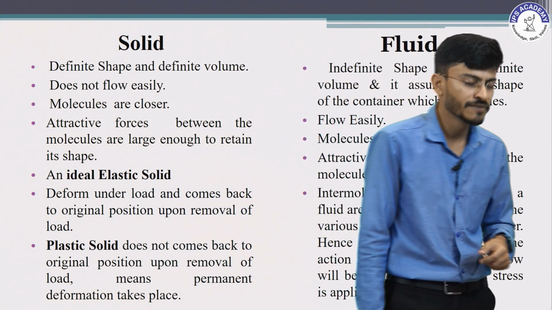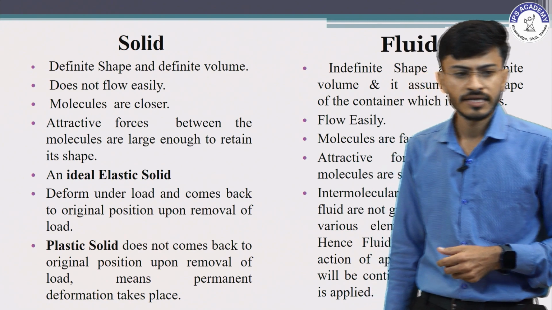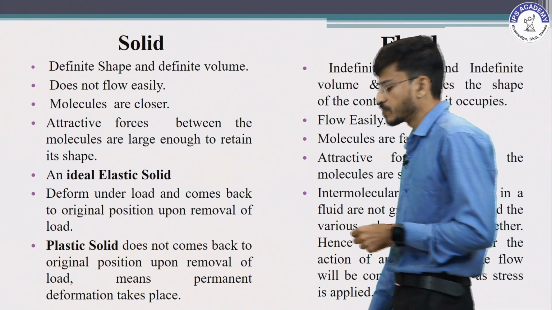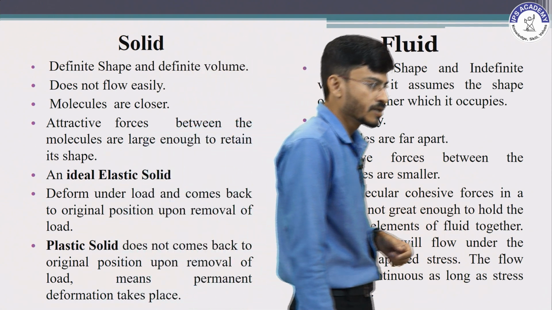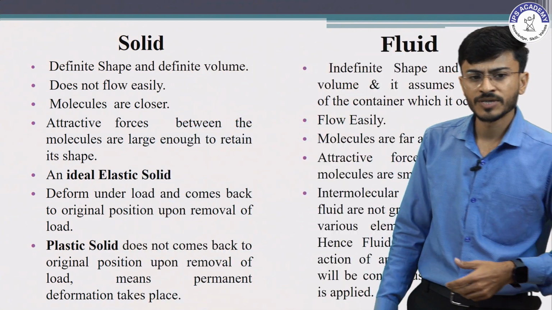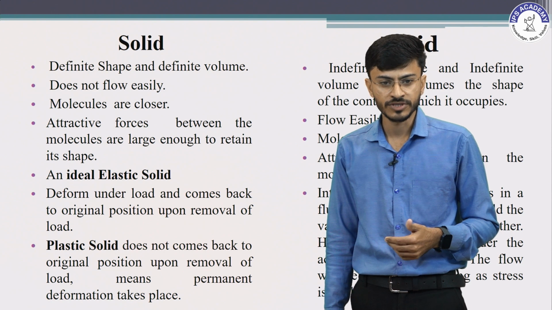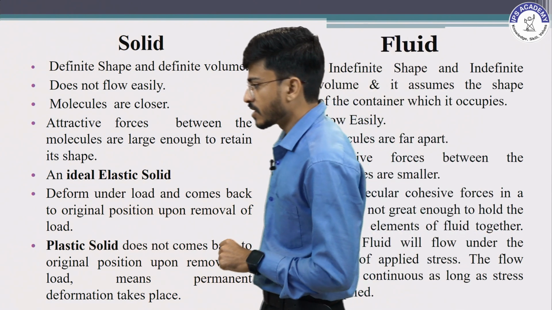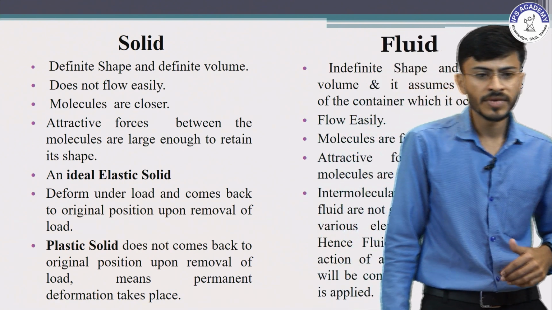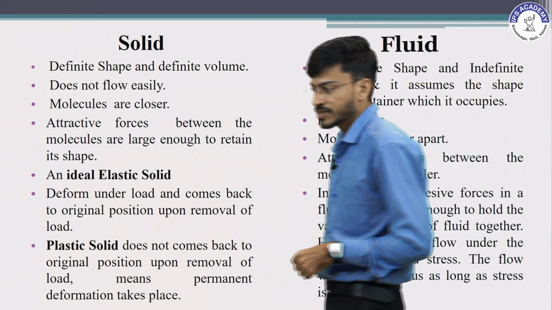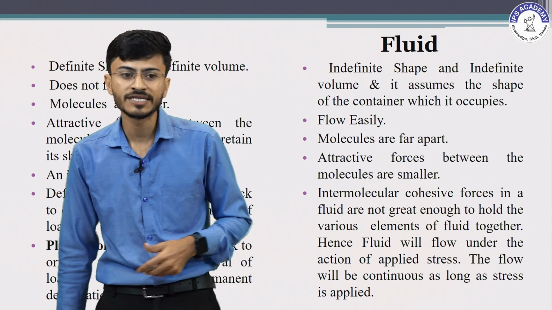If we see different materials and their properties, take the example of steel. If we apply some force on the steel, it will extend to some extent and come back to its original position. But it depends upon the force acting on it. After some limit, it will not come back to its original position and it will show plastic behavior.